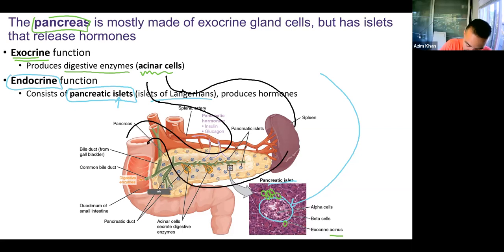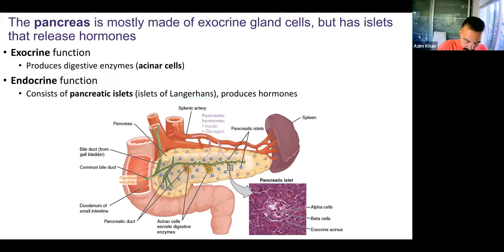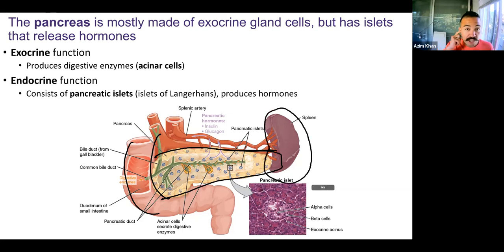So the stomach would lead food into this duodenum, this portion right here. So if this is the duodenum, immediately lateral is the pancreas, and it's intermediate between the spleen and the duodenum.